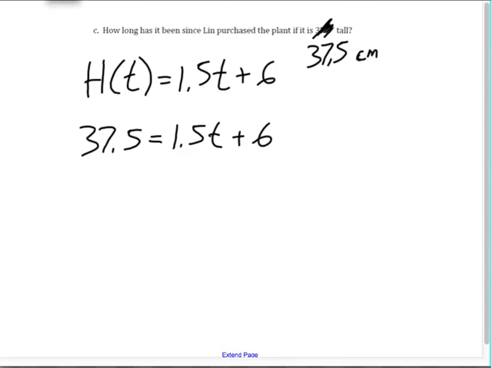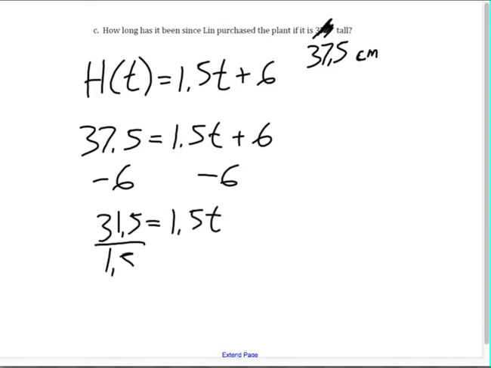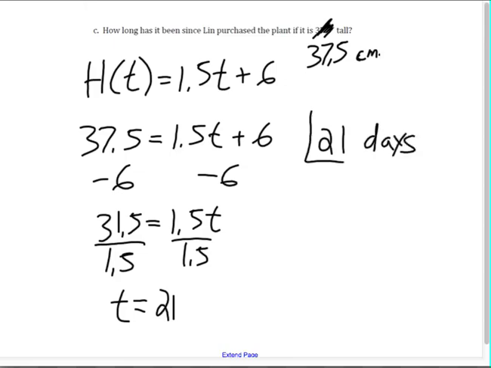Subtract 6 from both sides, and I am getting 31.5 is equal to 1.5t. Divide both sides by 1.5. My final answer is t is equal to 21. But wait, is it? No, 21 with a unit. Days. 21 days is my final answer.